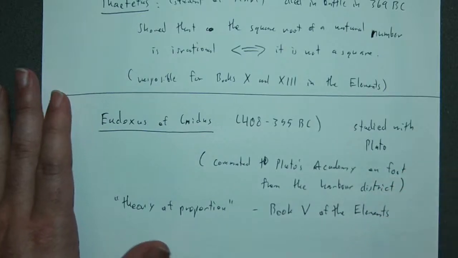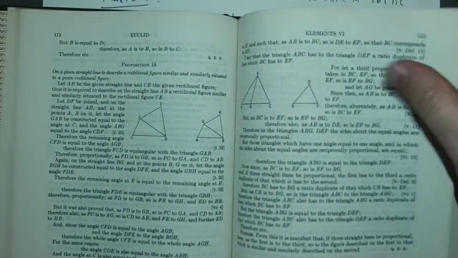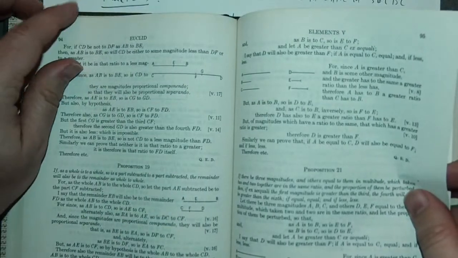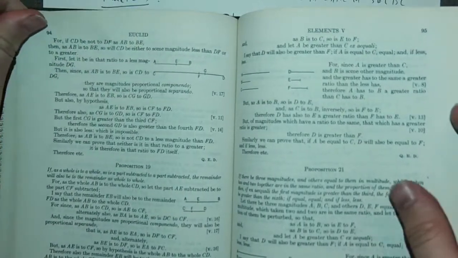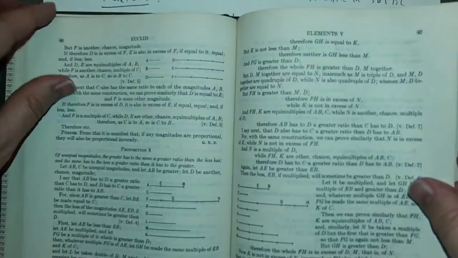In fact, if I break out my copy of the Elements, so let's go here. Book 5. These diagrams are the same as the original diagrams. So you see a lot of lines here.